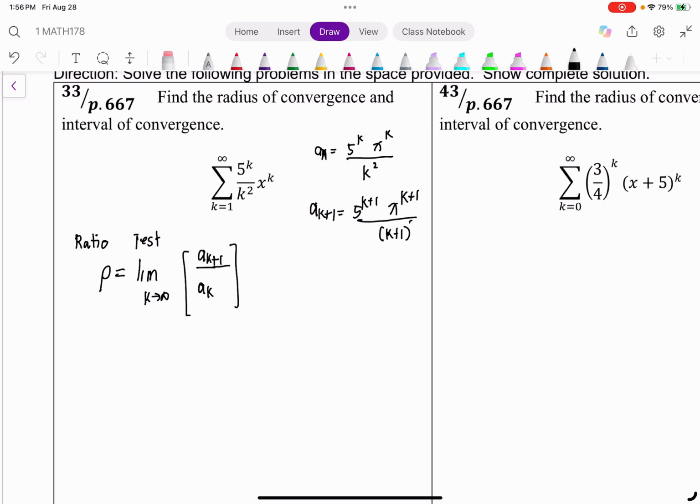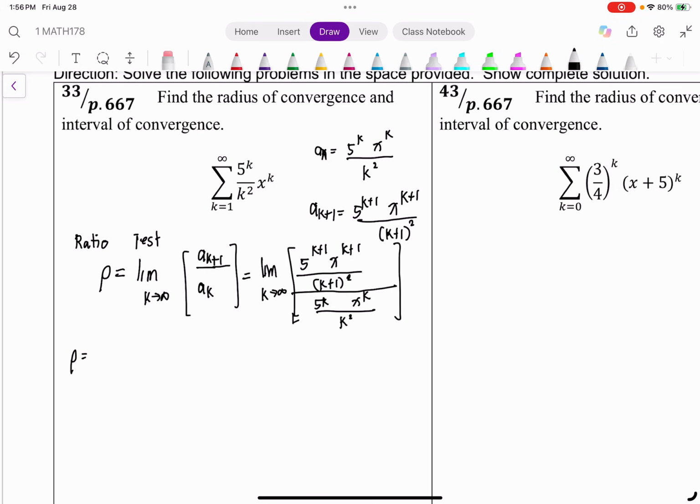k plus 1 squared. So this would be the limit as k approaches infinity for 5 raised to k plus 1 x raised to k plus 1 all over k plus 1 squared all over 5 raised to k x raised to k over k squared.